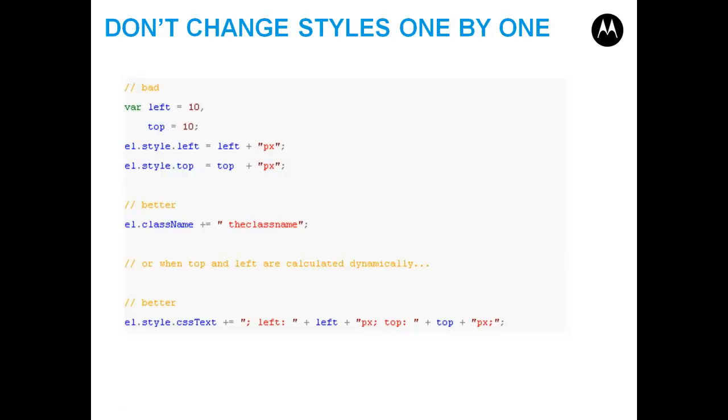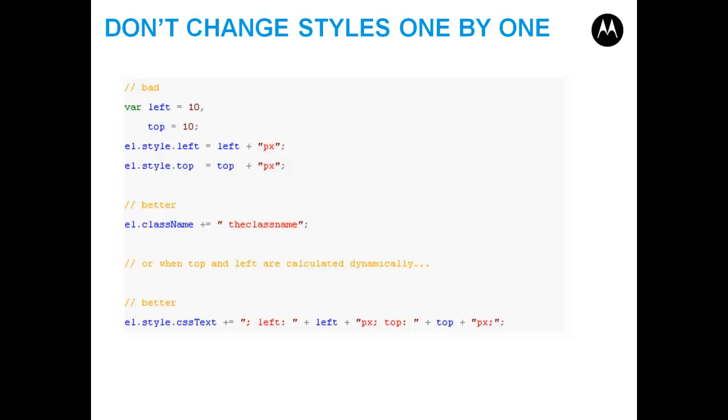So every time, like I said before, we are setting the style, it needs to recalculate, reflow, and rebuild the render tree. A better way to do it would be to just set it to a class name. So this does it in one shot. It doesn't have to do it iteratively, okay? So that's a good way.